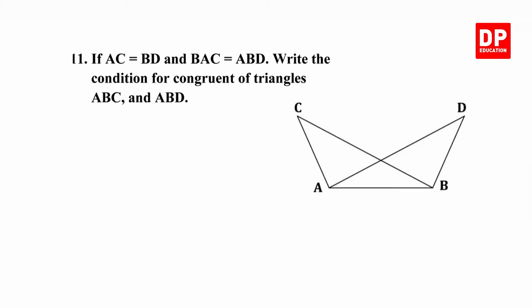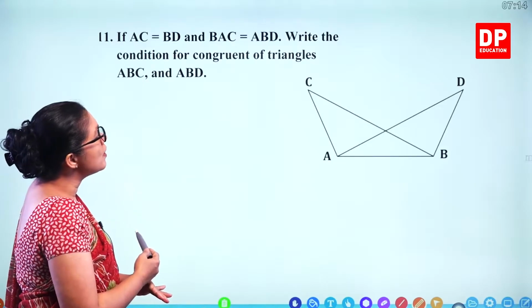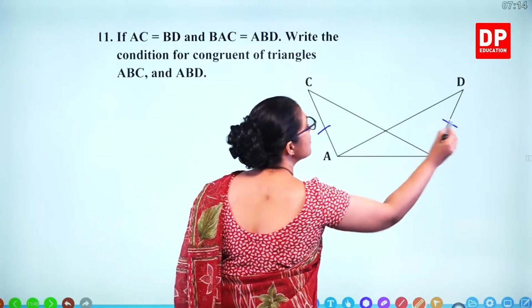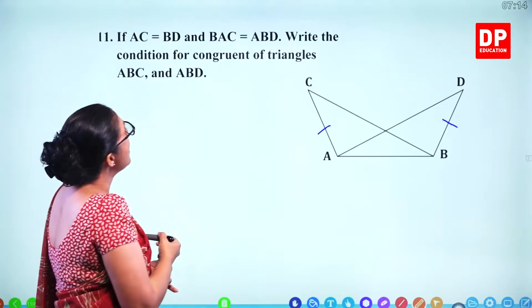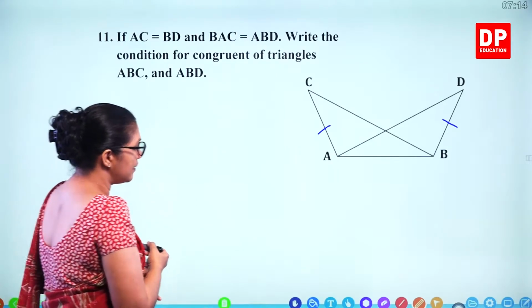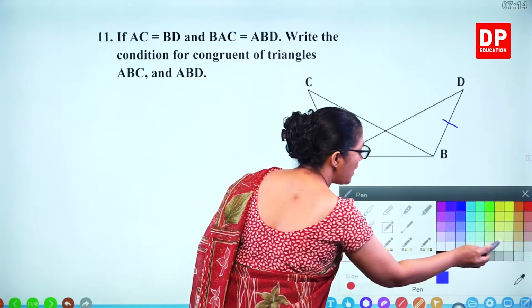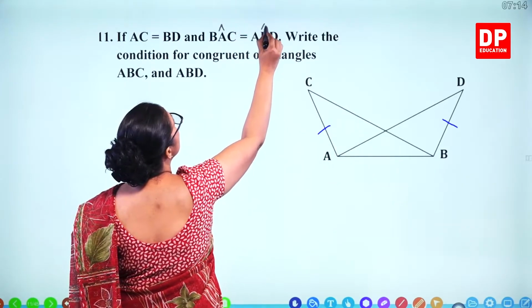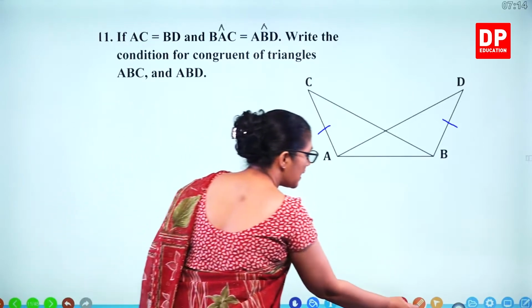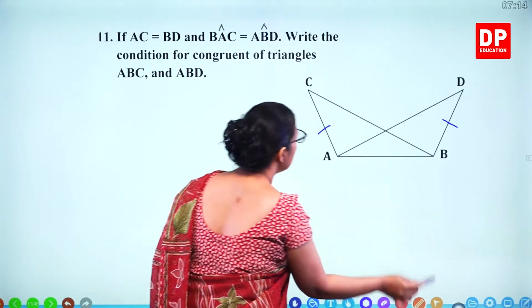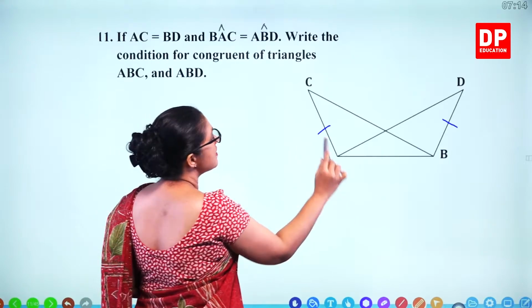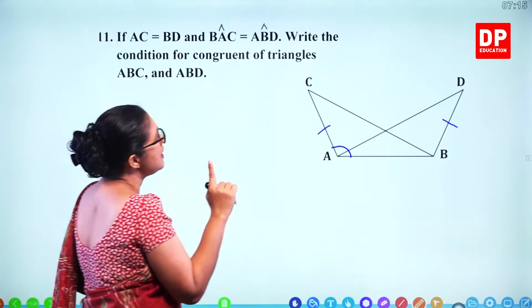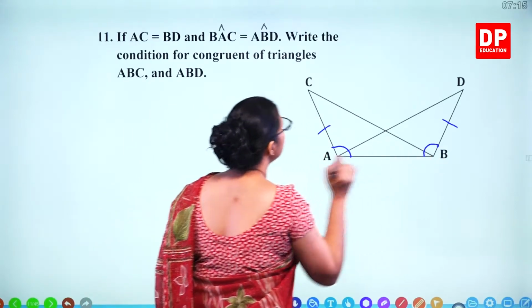Question number 11. If AC is equal to BD, this length is equal to this one, and angle BAC is equal to angle ABD, this angle.